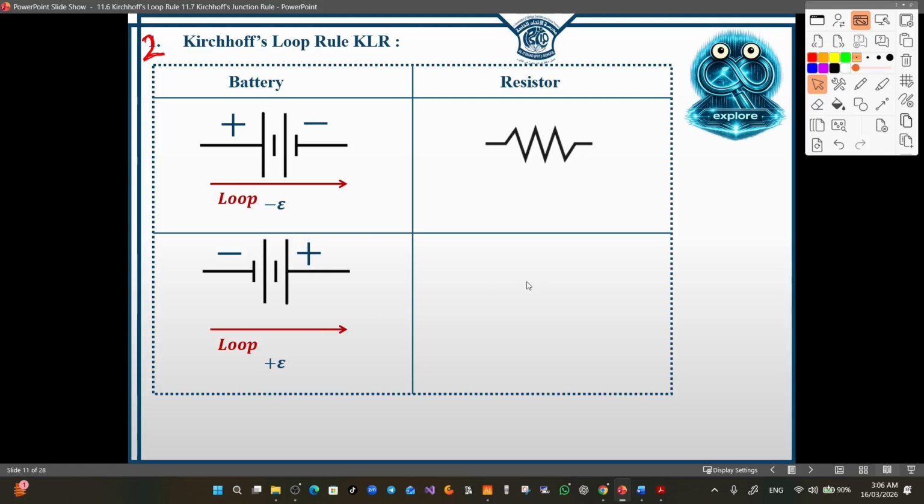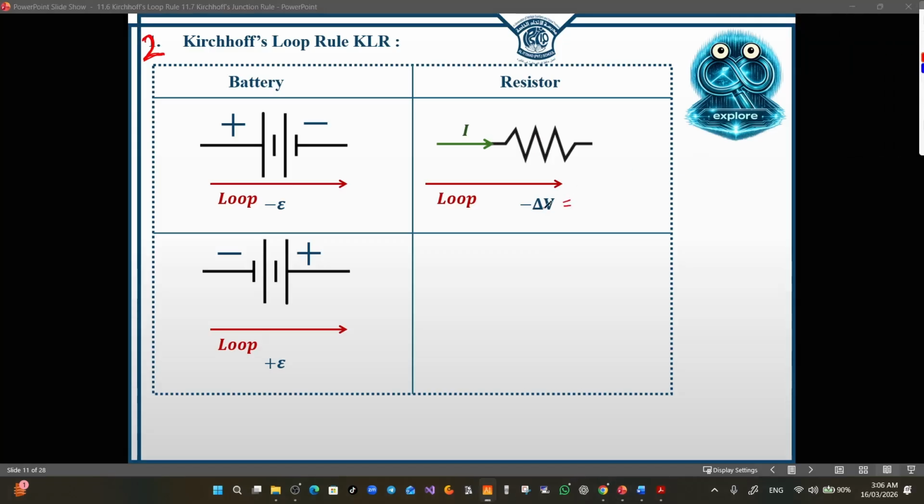For the resistor, if the current is entering the resistor like this, and the direction of the loop is the same as the direction of the current, then we should write the resistor as minus delta V. And remember, delta V here should be expressed using Ohm's law, so it should be written as minus Ri or minus IR.